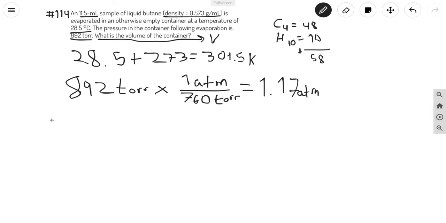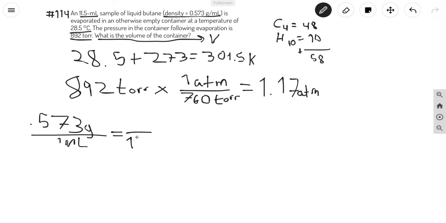So what this would look like is 0.573 grams per 1 ml equals x over the given 11.5 milliliter sample.